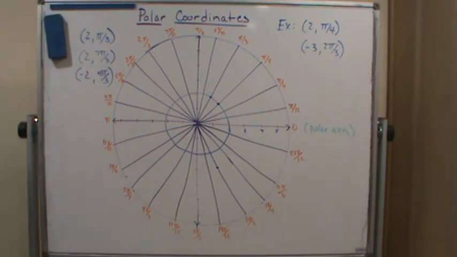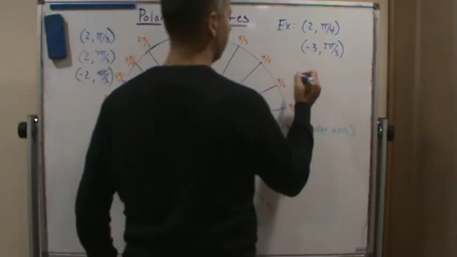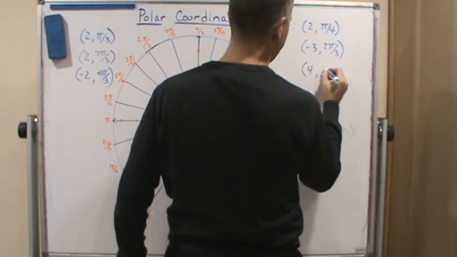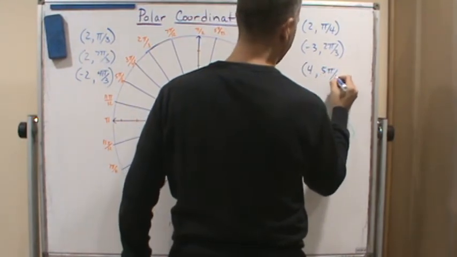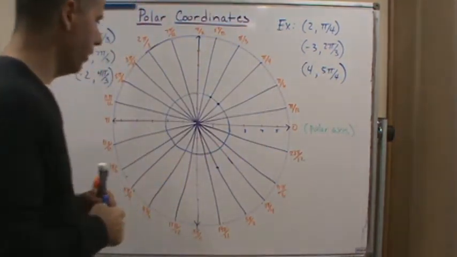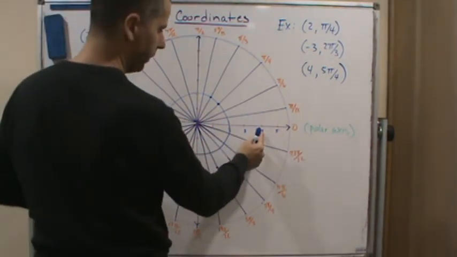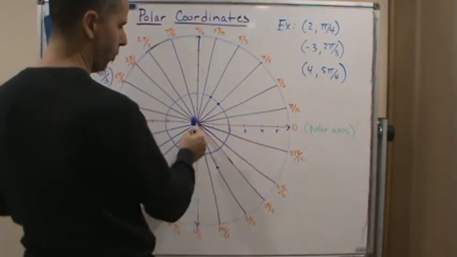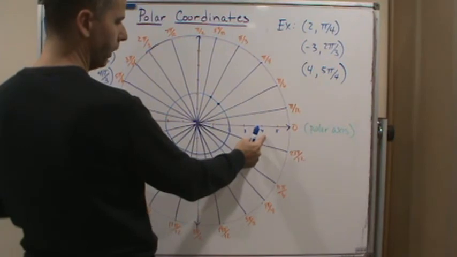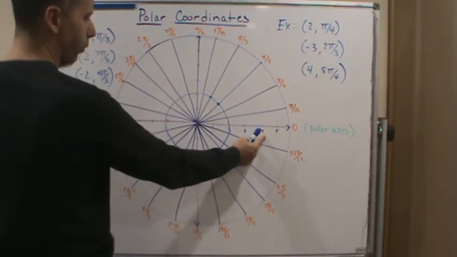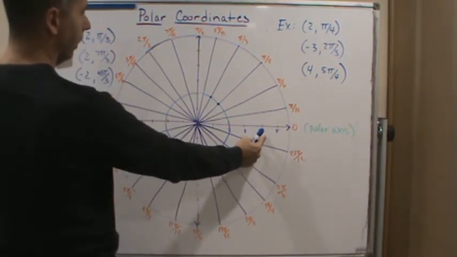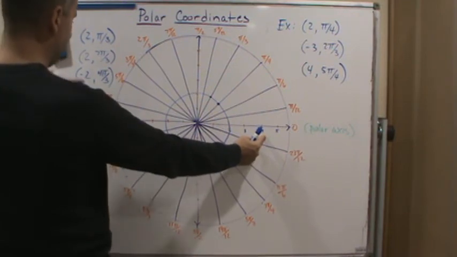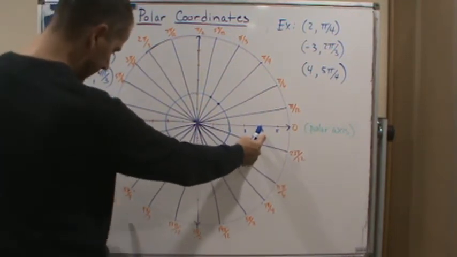Okay, next one. What about 4 comma 5 pi over 4? Okay, so now we're going to go to 4. That's how long it is, 4 units from the origin, or from the pole. And then we're going to go 5 pi over 4. Where's 5 pi over 4? Well, 5 pi over 4 is right here.